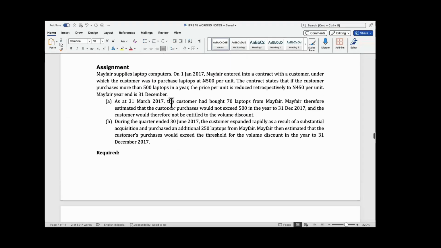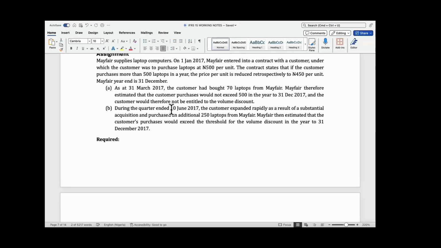The question told us that in June, because he bought an additional 250, Mayfair then estimated that the customer purchases would exceed the threshold for volume discount. So you just assume. Since the question told you that he will meet it, you have to sell it to him at 450 now. Okay, sir.